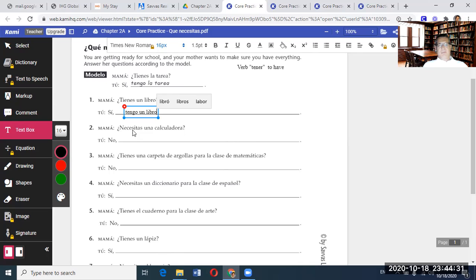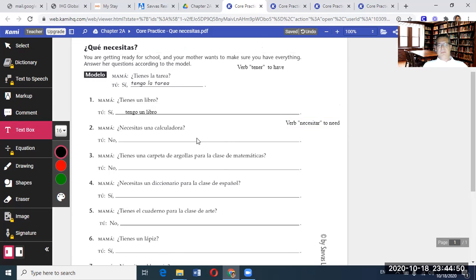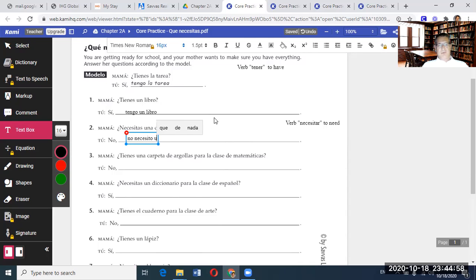Now it's another verb, necesitas, from the AR verb necesitar, to need. Do you need a calculator? No. No necesito una calculadora.